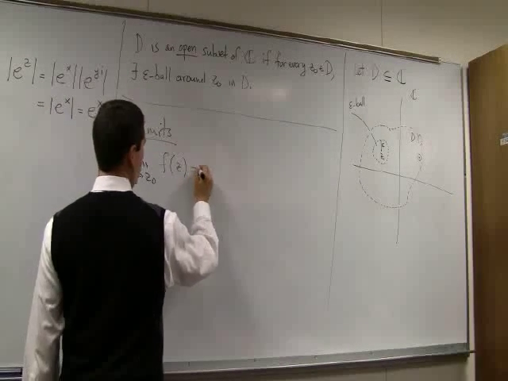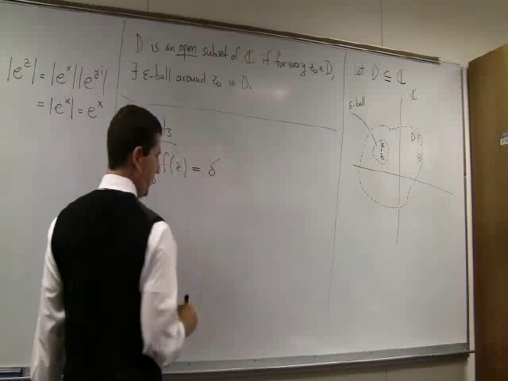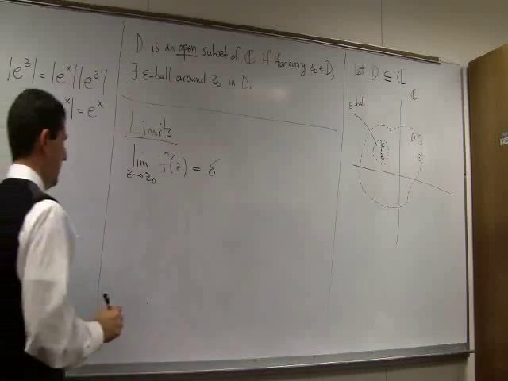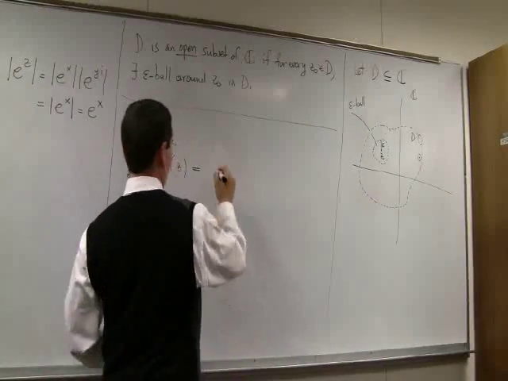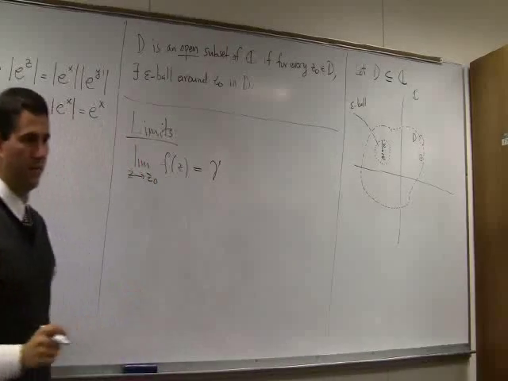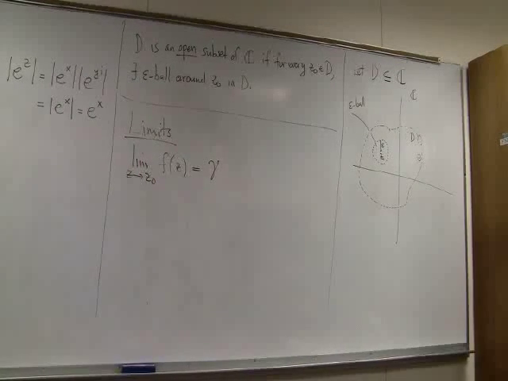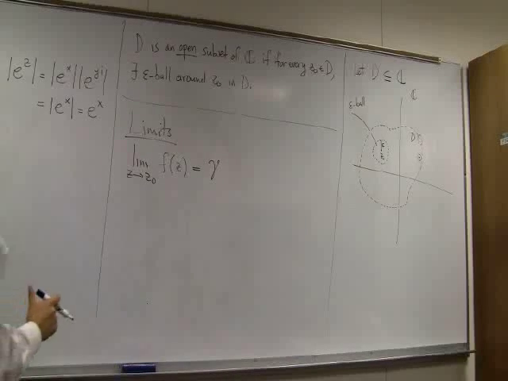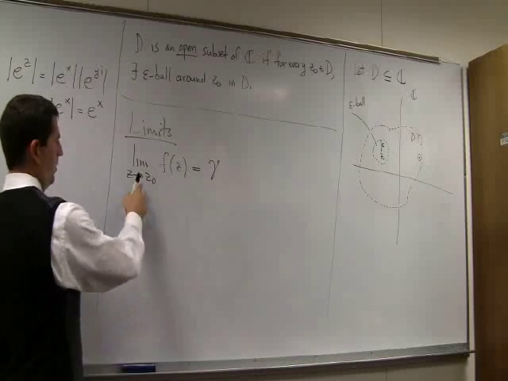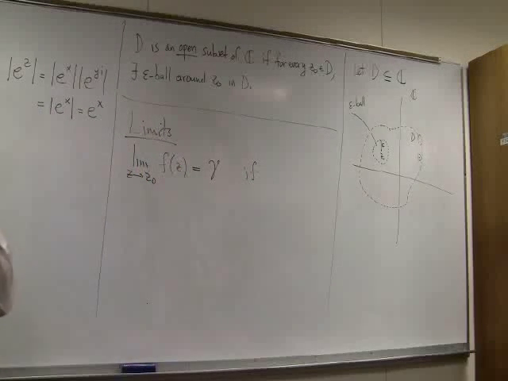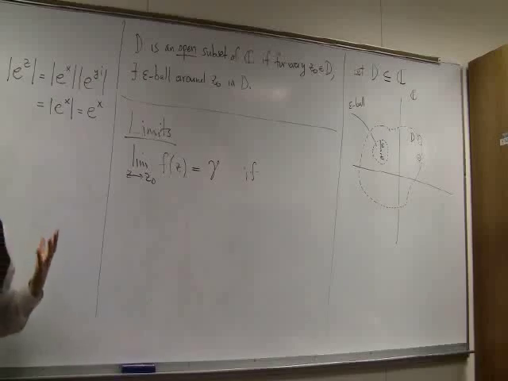So if this is supposed to equal some number, say delta, I don't like delta. We like to use delta for other things. Let's use gamma. Gamma doesn't get used enough. What do we mean by this? What is the limit? What's it supposed to mean from calculus?